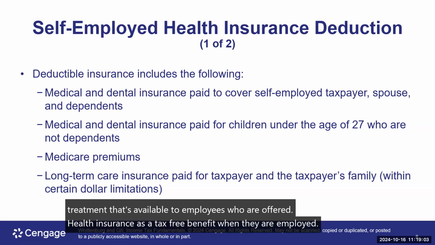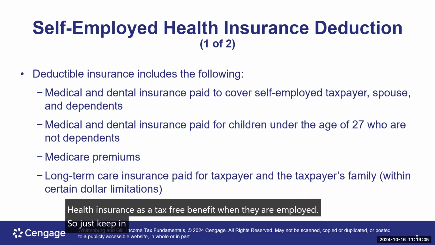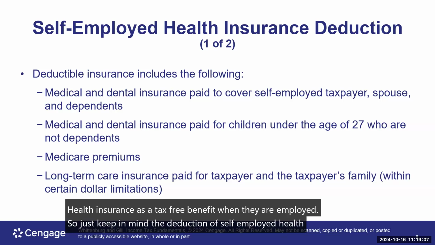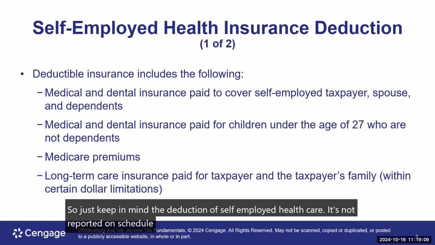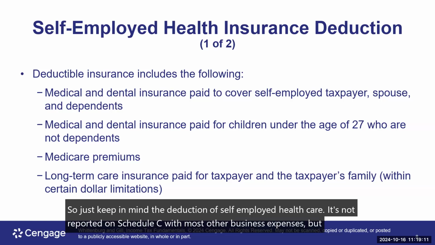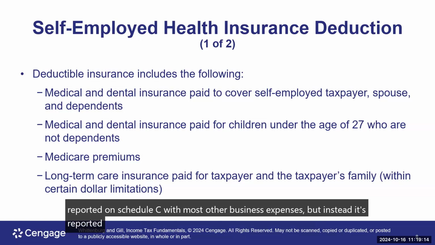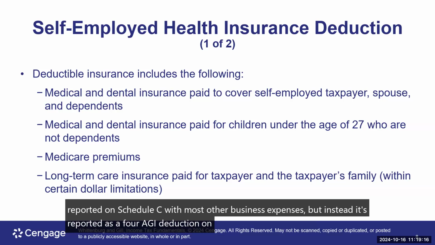Just keep in mind, the self-employed health deduction is not reported on Schedule C with most other business expenses, but instead it's reported as a for-AGI deduction on line 17 of Part 2 of Schedule 1 and transferred to the front of the 1040.